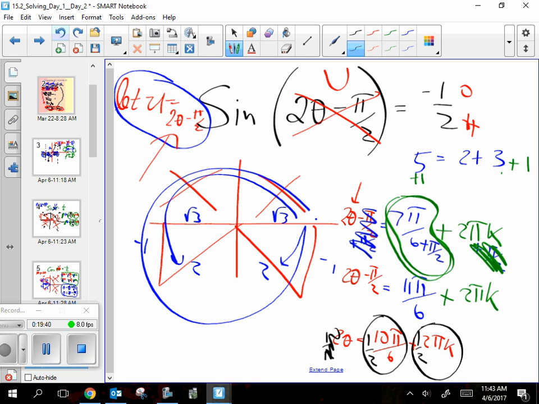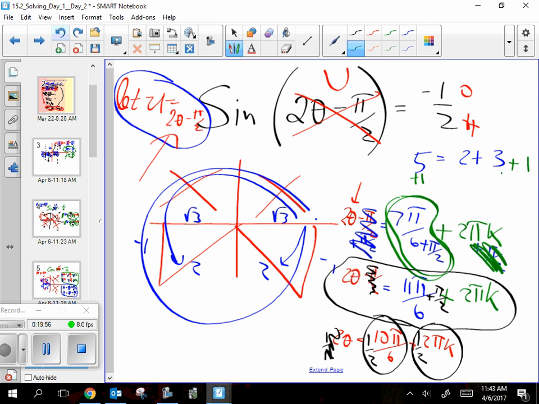But this guy, I'll have to do all those same steps to that. I'm going to add pi over 2 to both sides. That's really 3 pi over 6 added to the 11 makes 14 pi over 6.